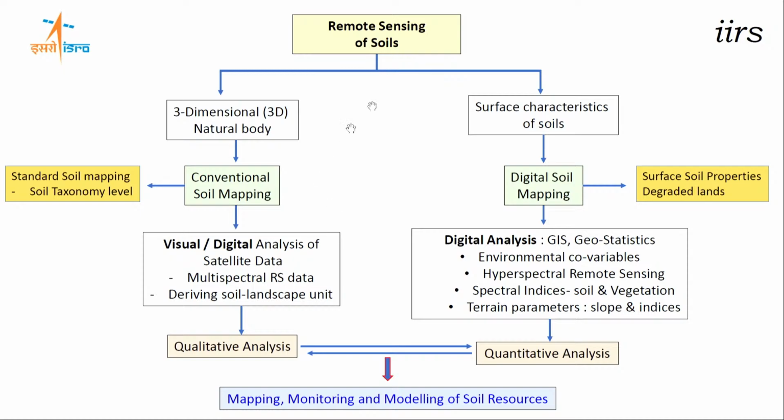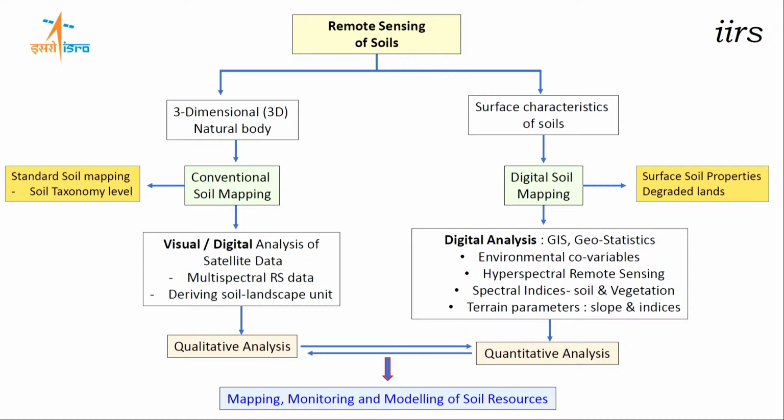Another field of remote sensing of soil concentrates on the mapping of surface soil characteristics. When we talk about surface soil properties, we are today much discussing digital soil mapping.